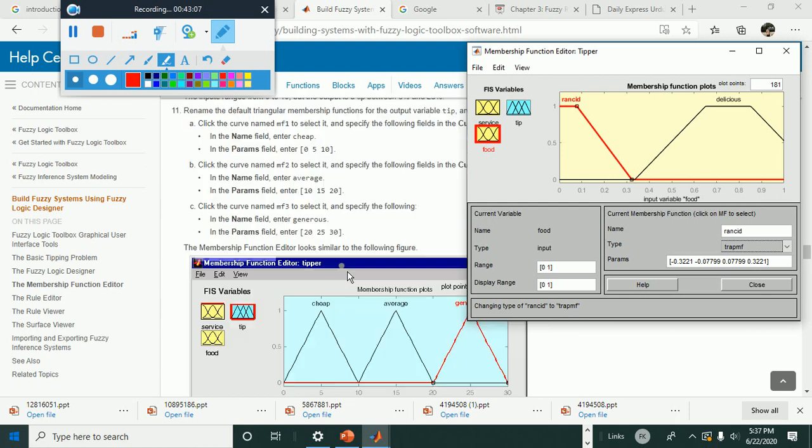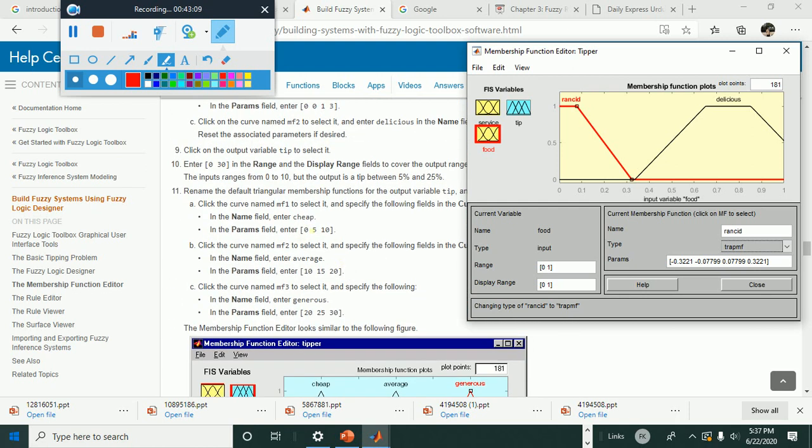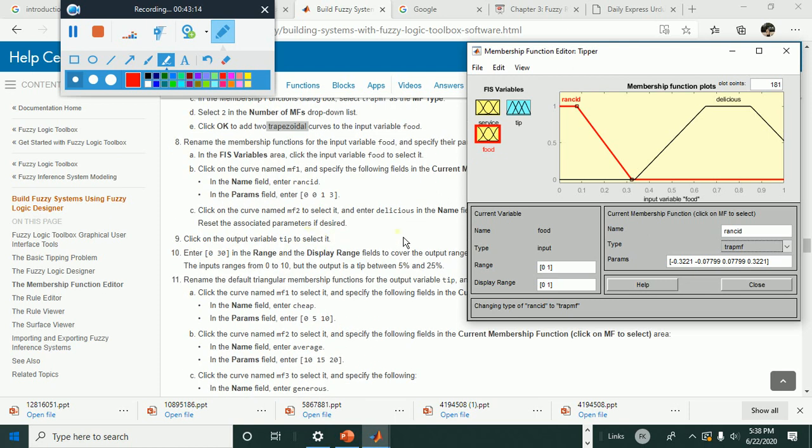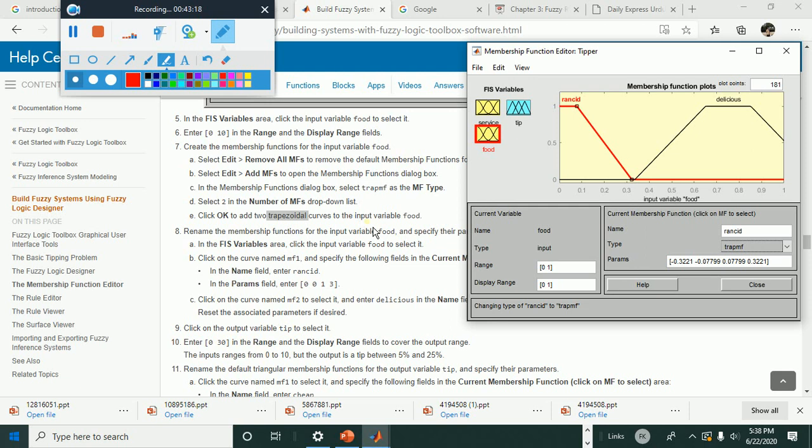Maybe the range is from 0 to 10, and the display range will change automatically.